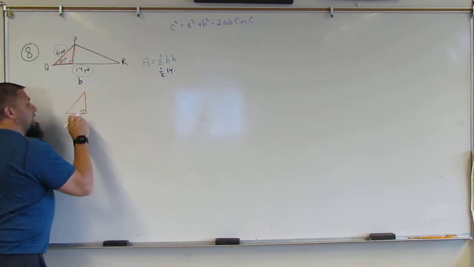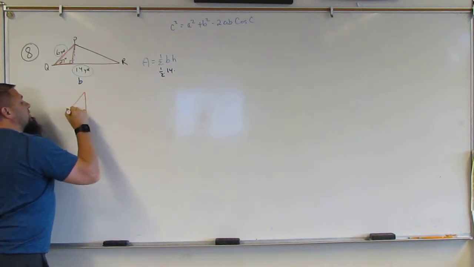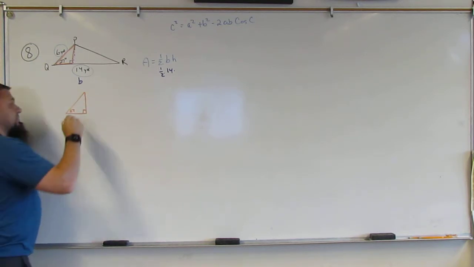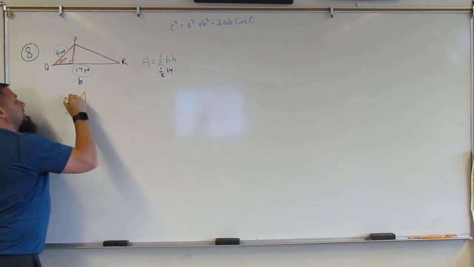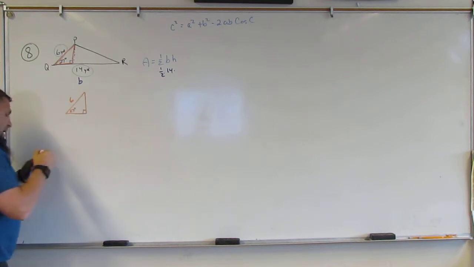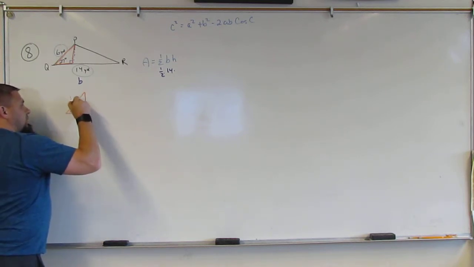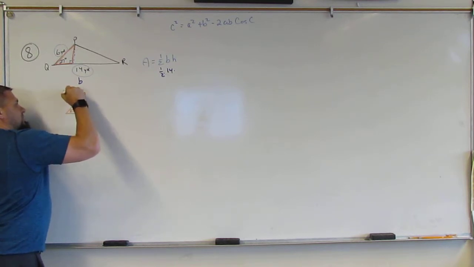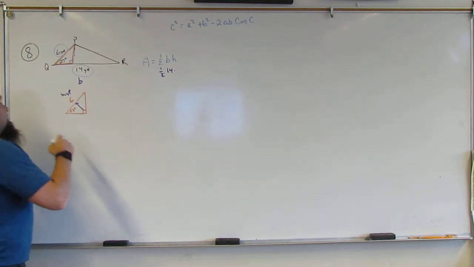I don't know what this side is, but I do know what this angle is. This is 27 degrees, right? And I also know this hypotenuse, and how do I know it's a hypotenuse? Because it's across from the right angle, right? Yes. Okay?